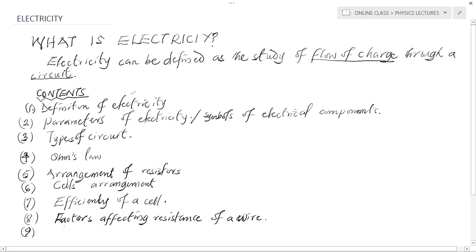Number 9 to be discussed are some instruments we use here, starting with the meter bridge, Wheatstone bridge, and potentiometer.